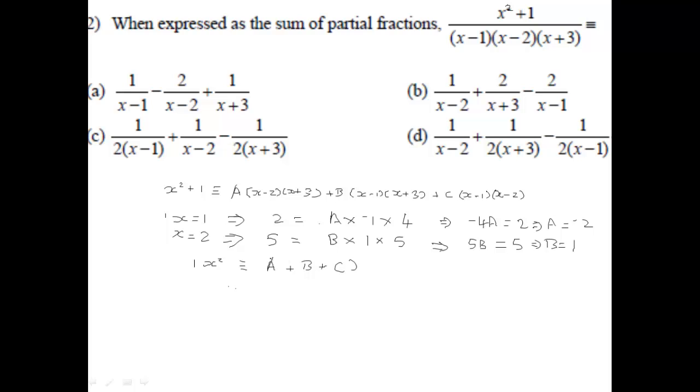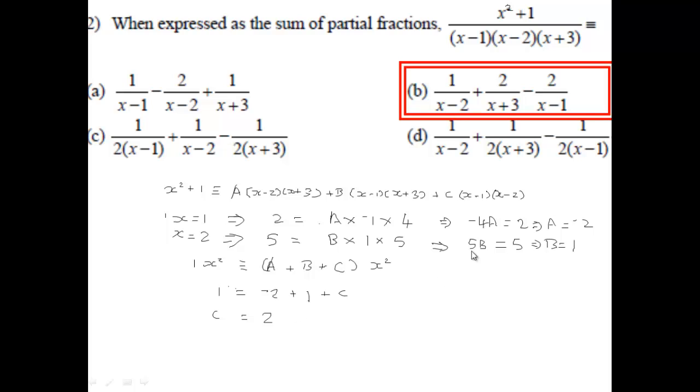So it's that many x squareds. So we end up with 1 equals, well, A is minus 2 plus B is 1, and it needs to be one lot of x squared, doesn't it? So if we take those over, we get C equals 2, don't we?